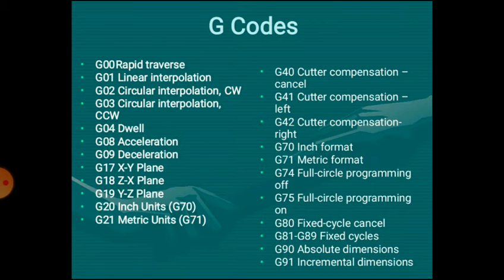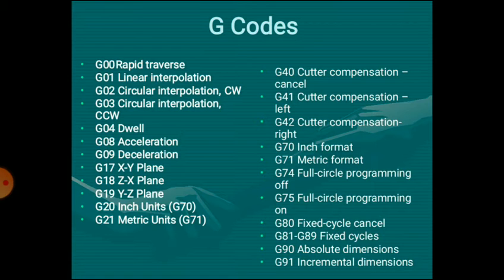G20 inch units, that is also indicated by G70, and G21 metric units, that is also indicated by G71. G40 cutter compensation cancel, G41 cutter compensation left and G42 cutter compensation right. G70 is inch unit and G71 is metric unit.